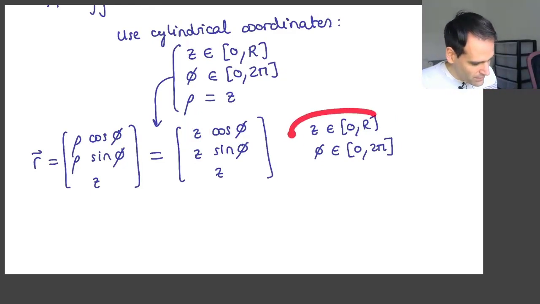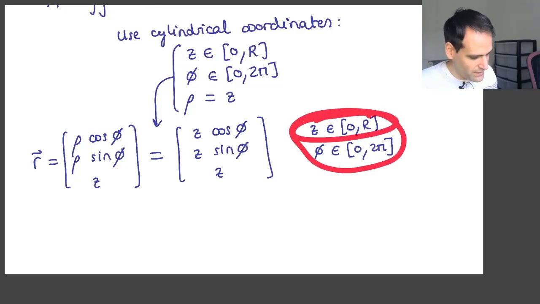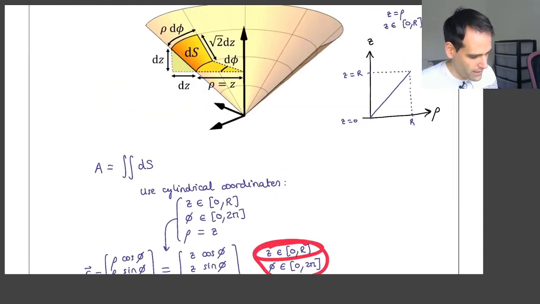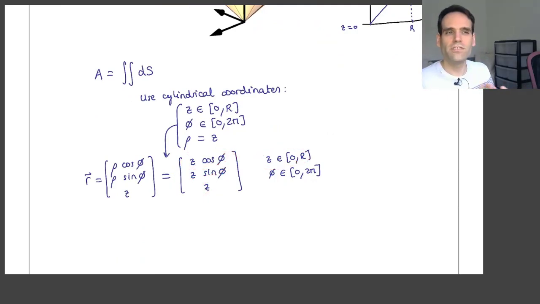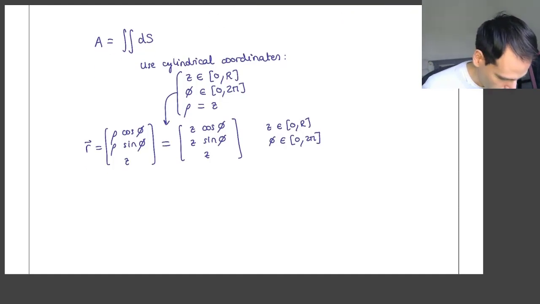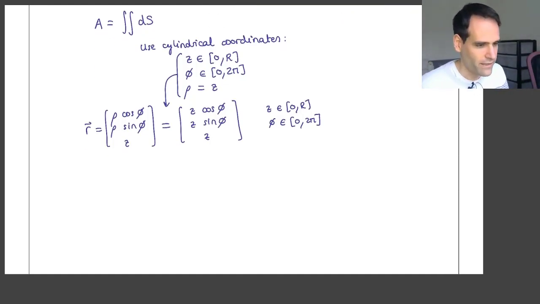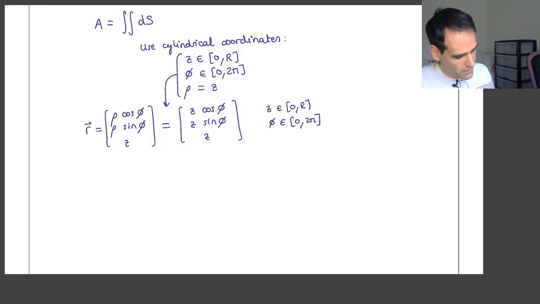As long as the limits are the same, which they are for z and rho because they are both changing between 0 and r, and the function has the same shape, then it doesn't matter if you use z or rho as the parameter. Anyway, that was a quick note that I wanted to make there.